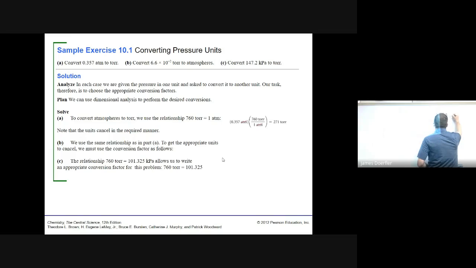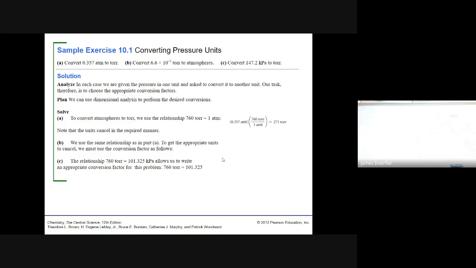We need to convert this to, oh wait, hold on. Sorry, that's what we're converting to: 3.357 atmospheres. If you recall from way back when we did dimensional analysis and conversions, what we're given is always listed first.